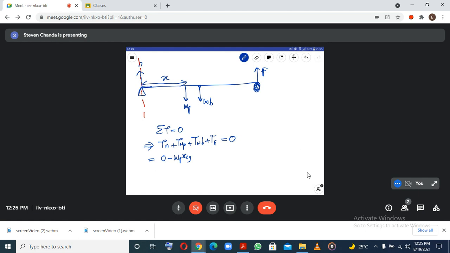Then the torque for the board is going to be negative as well, right? So it's going to be negative weight of the board. Then the distance for the weight of the board is usually half the length of the board.